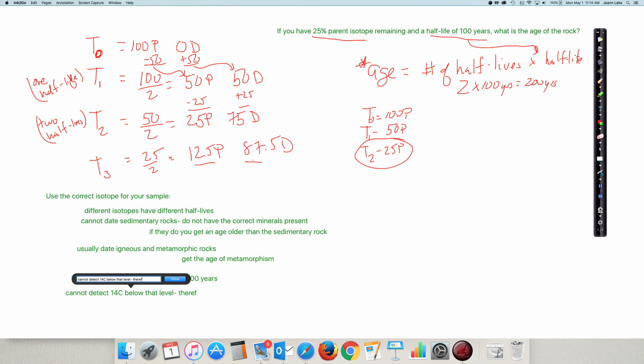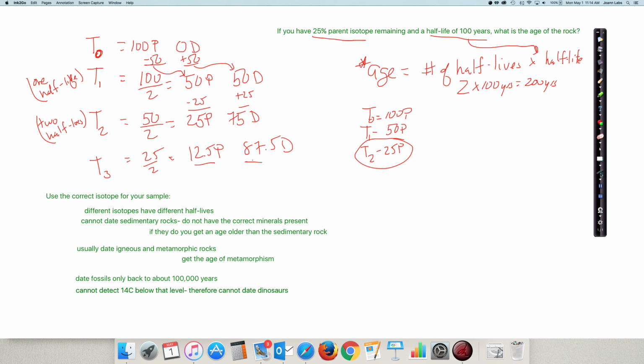Therefore, we cannot date dinosaurs. Dinosaurs were during the Mesozoic. You're talking several 100 million years, not 100,000 years. So this is for very recent fossils. And they have to have the carbon-14. Carbon-14 sometimes gets weathered and eroded due to diagenesis during the fossilization process, so you don't get any carbon anyway and you can't date them anyway.